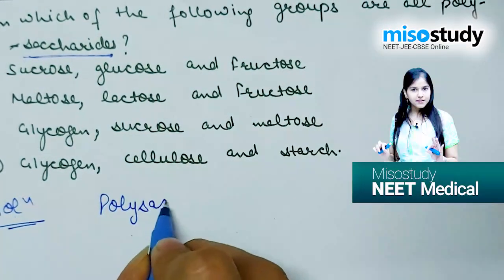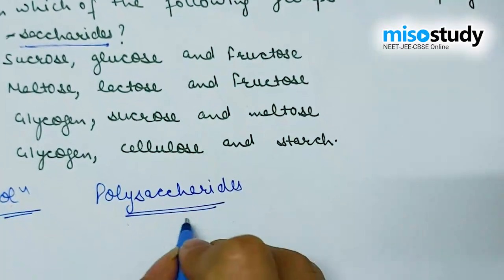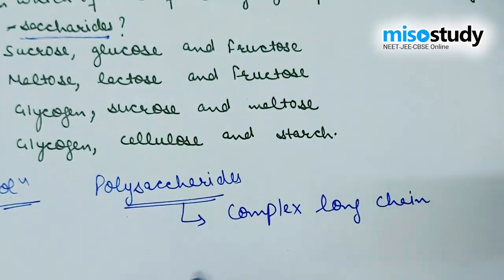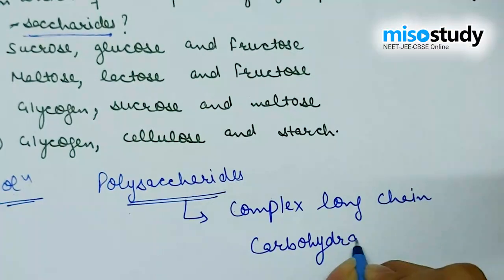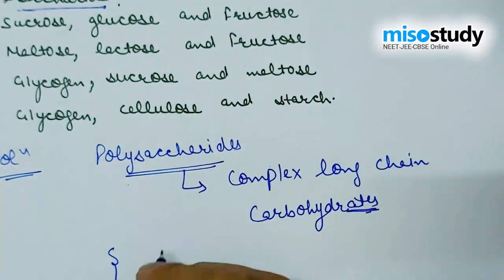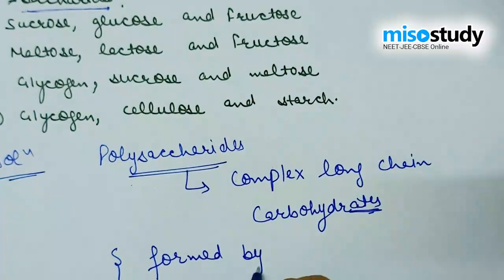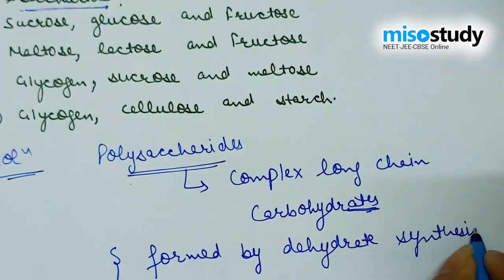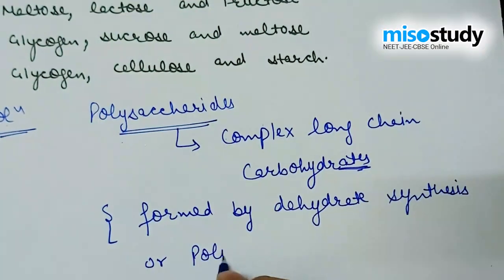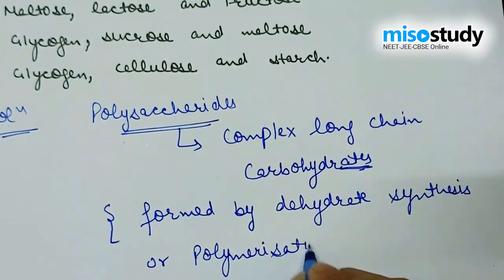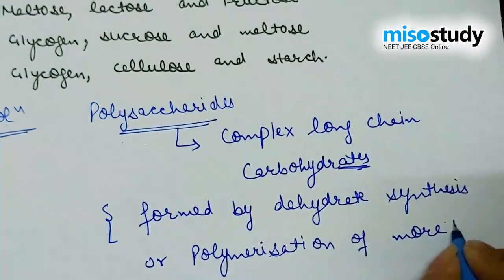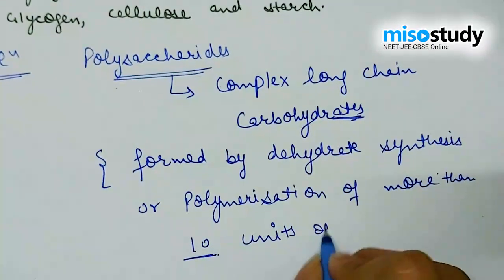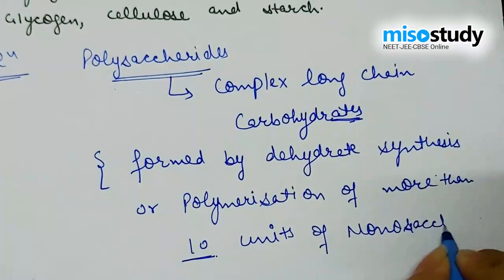Polysaccharides are complex long chain carbohydrates, formed by dehydration synthesis or polymerization of more than 10 units of monosaccharides. Mono is the word we use for single.